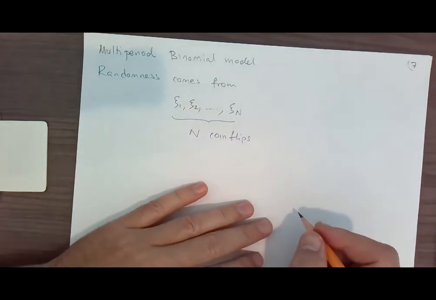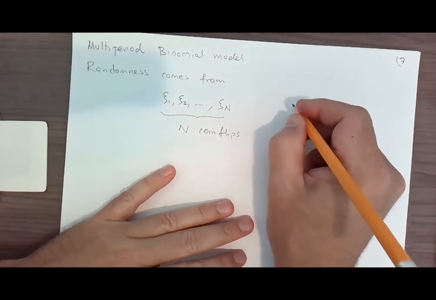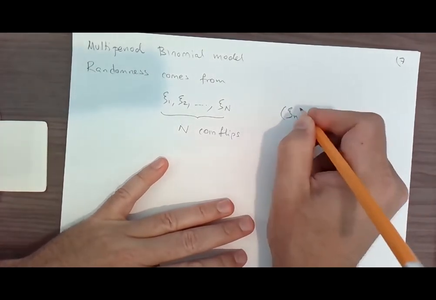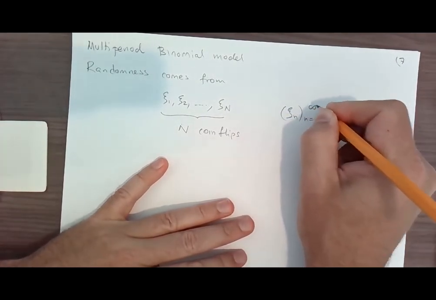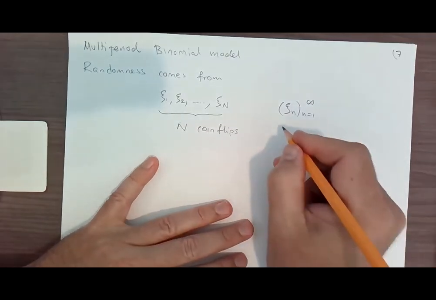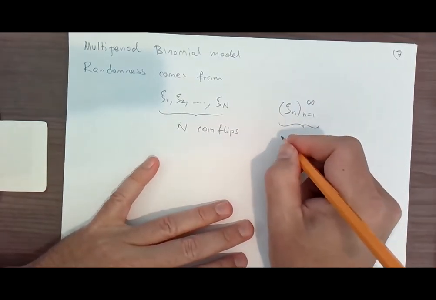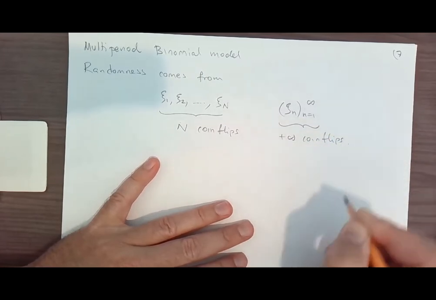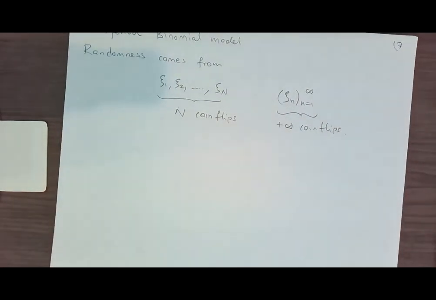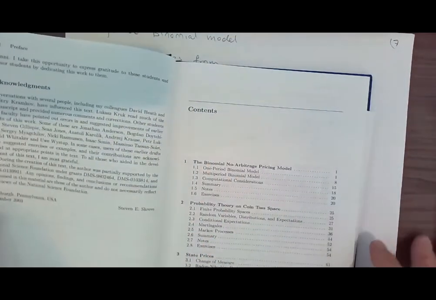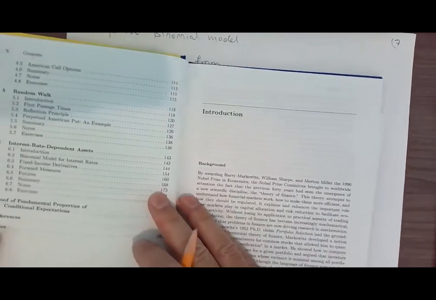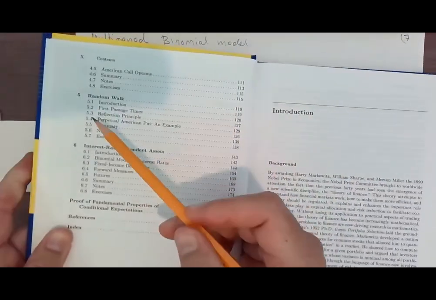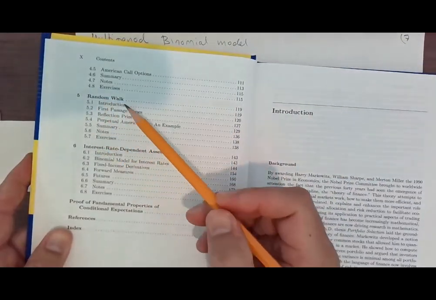We will also have a need to look at an infinite string. So now there are infinitely many conflicts. This comes a little bit later in the textbook. I'm hoping we'll get there. This is in section 5, the random walk.